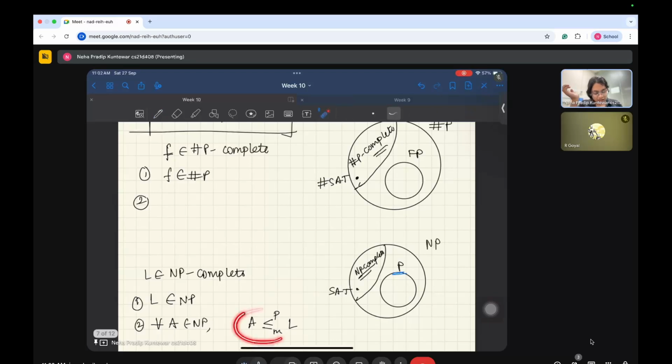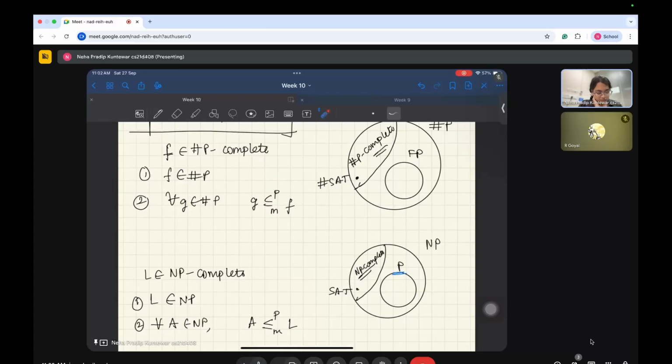Because we can't say that for all G in #P, G reduces by polynomial time many-one reduction to F, because this does not make sense. Here, these are decision problems.